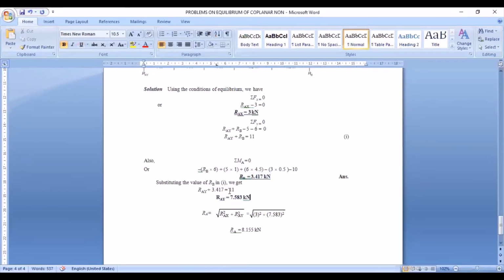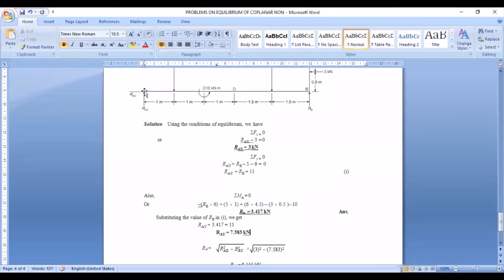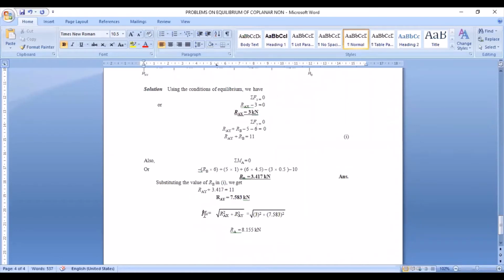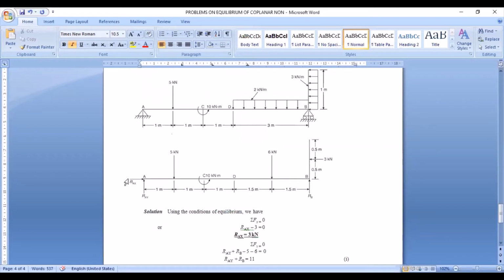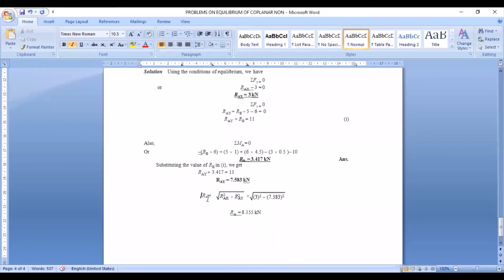Now in case you want to calculate the resultant of this RAX and RAY, you can always calculate. You all know how to calculate the resultant, that is R is equal to square root of sigma Fx square plus sigma Fy square. Similarly, RA can be calculated by squaring RAX and RAY. So this is optional. You may do this or you may not do this step.